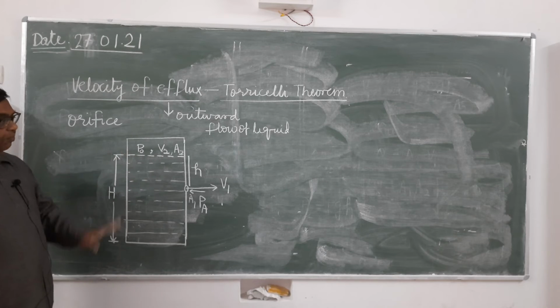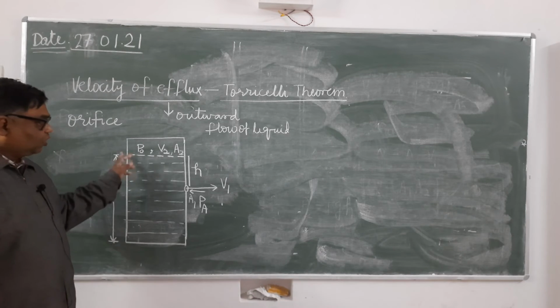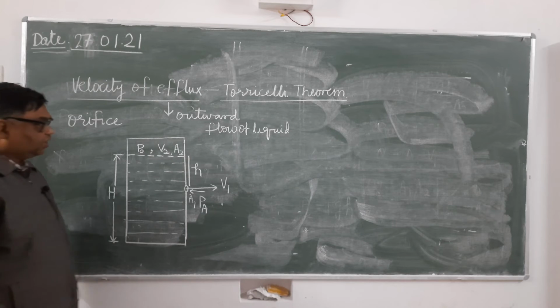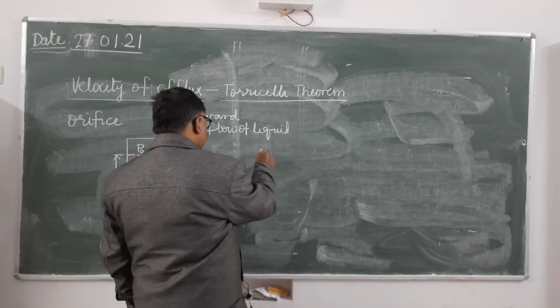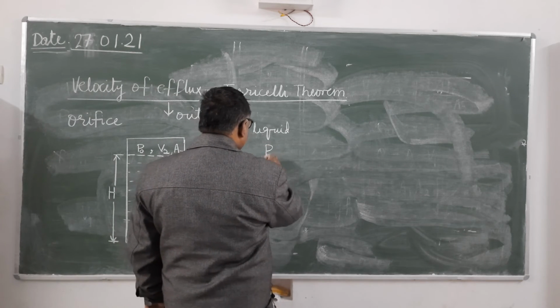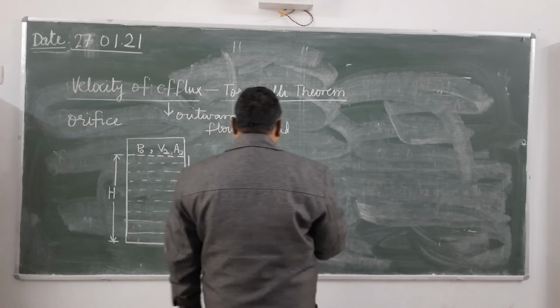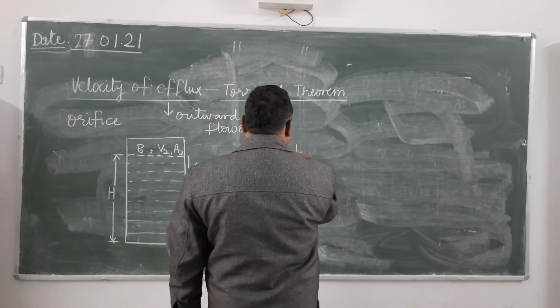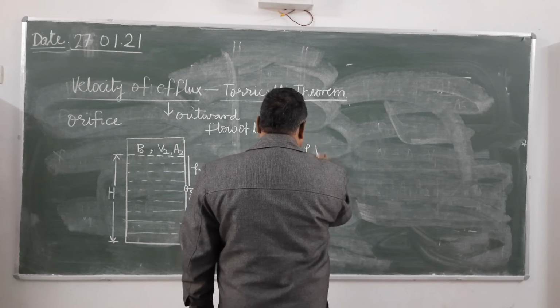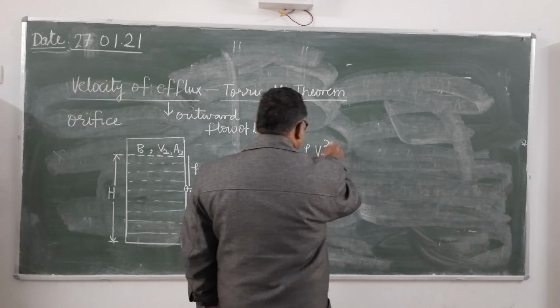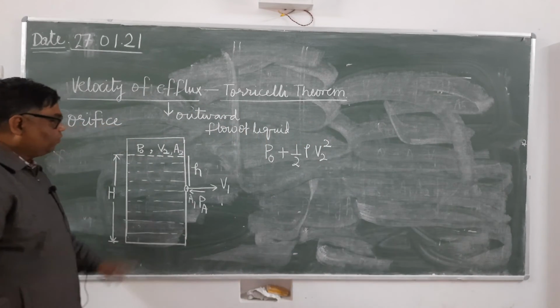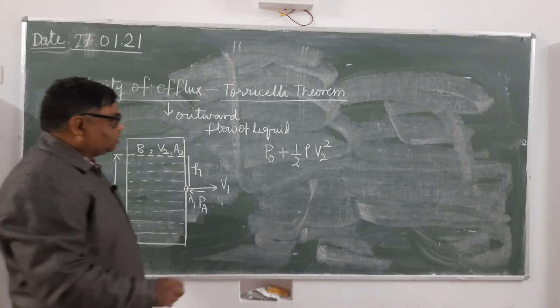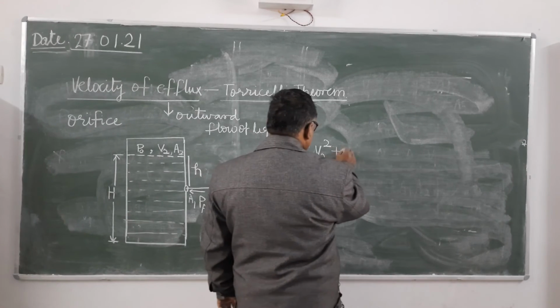when you apply Bernoulli's theorem, what is the total energy here? Total energy at the top layer will be equal to pressure P naught, this is the pressure energy per unit volume, plus 1 upon 2 rho V square, where rho is the density of liquid, plus potential energy rho GH.